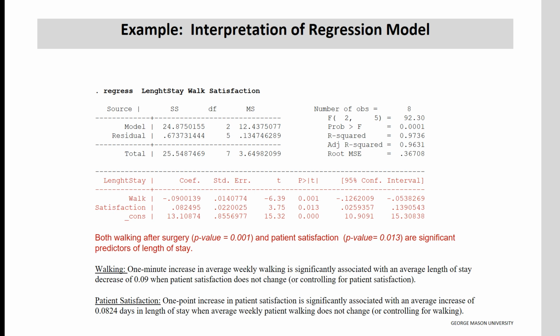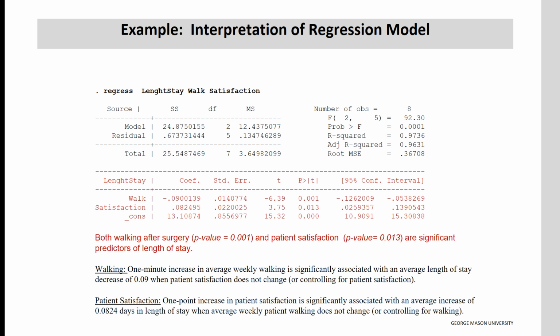Now, in terms of interpreting these coefficients, one may say that a 1 minute increase in average weekly walking is significantly associated with an average length of stay decrease of 0.09 when patient satisfaction does not change, or when we control for patient satisfaction.